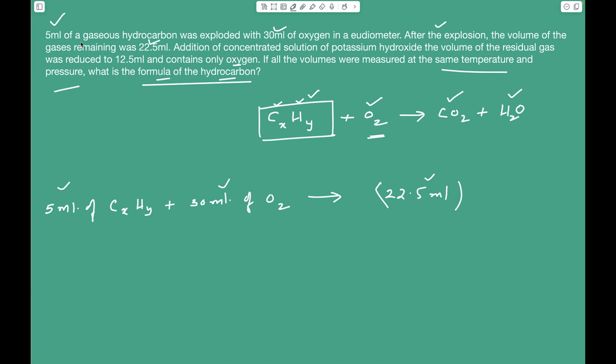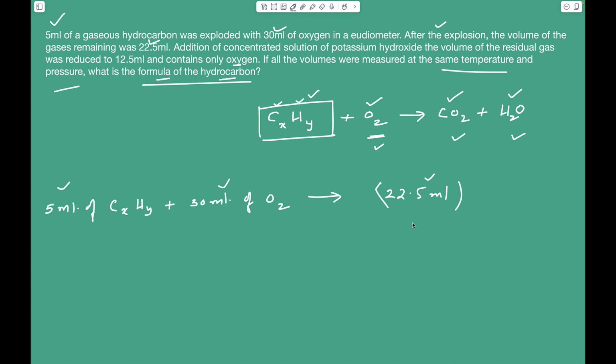That means we carried out this reaction with excess oxygen. We have more oxygen than is required to completely burn this 5 ml of gaseous hydrocarbon. So obviously all the hydrocarbon got burnt and there is some leftover oxygen. Of course, there will be some CO2 and H2O.